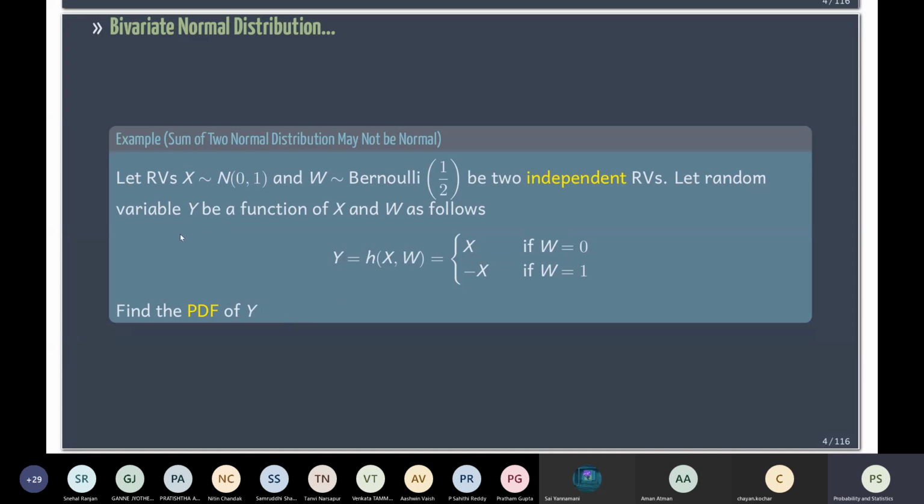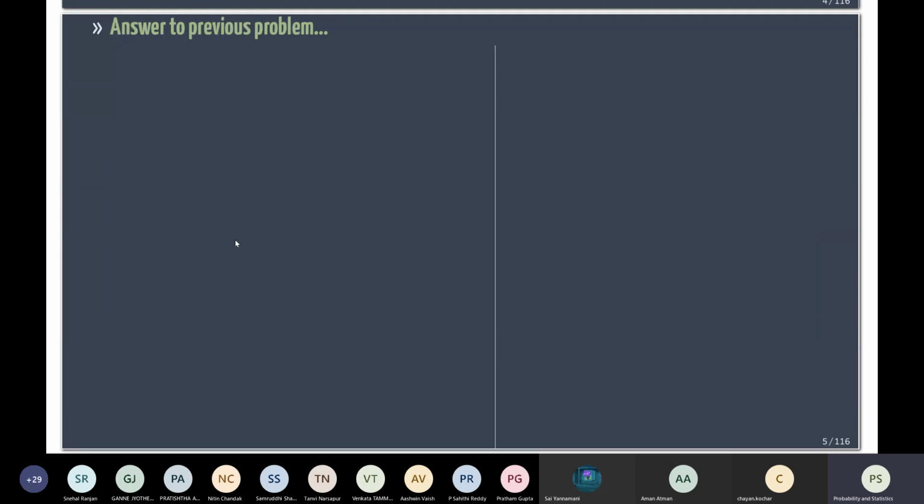So let us see what we do with this, because things are given in terms of X. Okay, so let us see what can be done here.